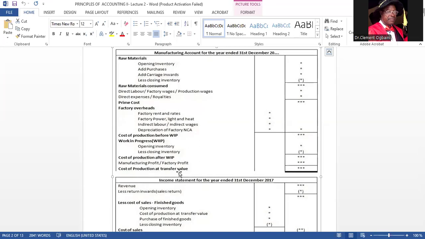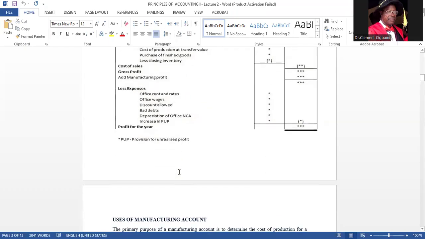We less closing stock of finished goods. So then we will now have what we call cost of goods sold. It is this cost of goods sold that we will less from the total sales in order for us to have our gross profit.